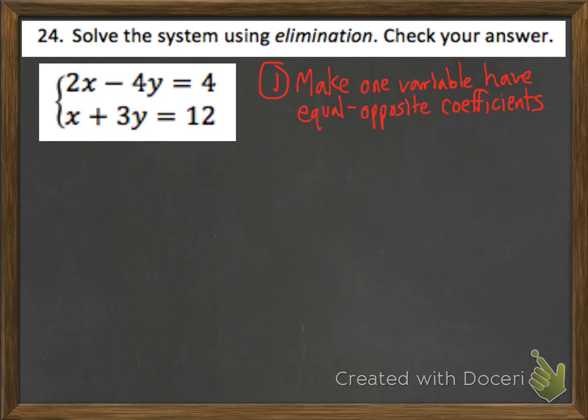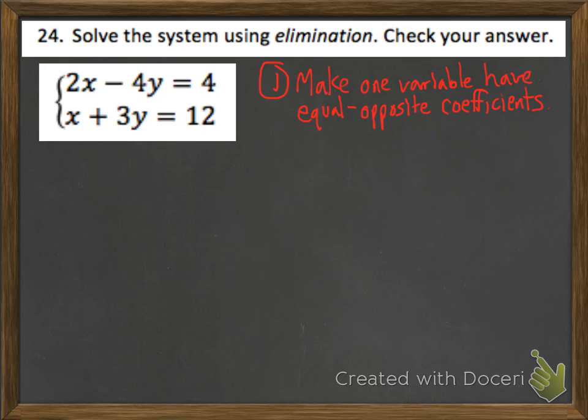So we're going to have to multiply one whole equation by some number that's going to make the coefficients, the number next to the variables, be the same thing but opposites, one positive, one negative. It's a little harder to do our y's here because 4 doesn't go into 3 and 3 doesn't go into 4, so I'd have to multiply both equations if I wanted to use y.